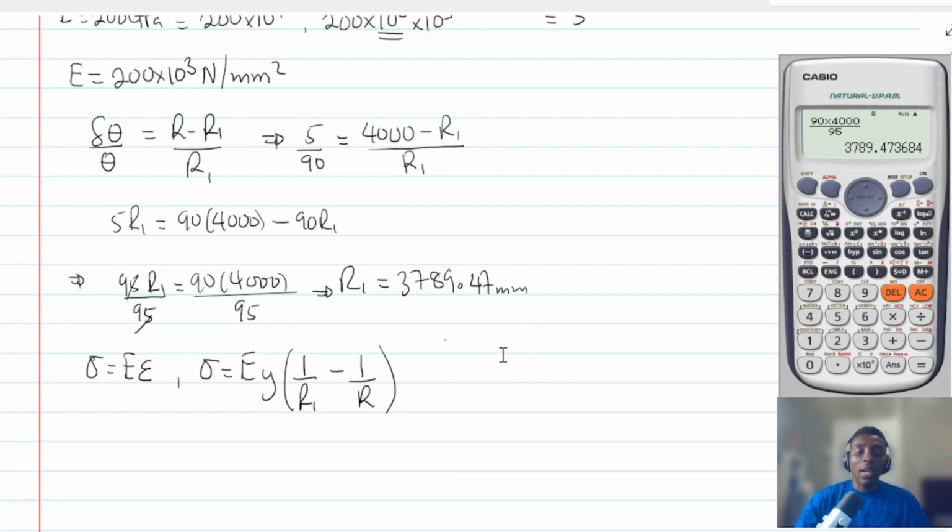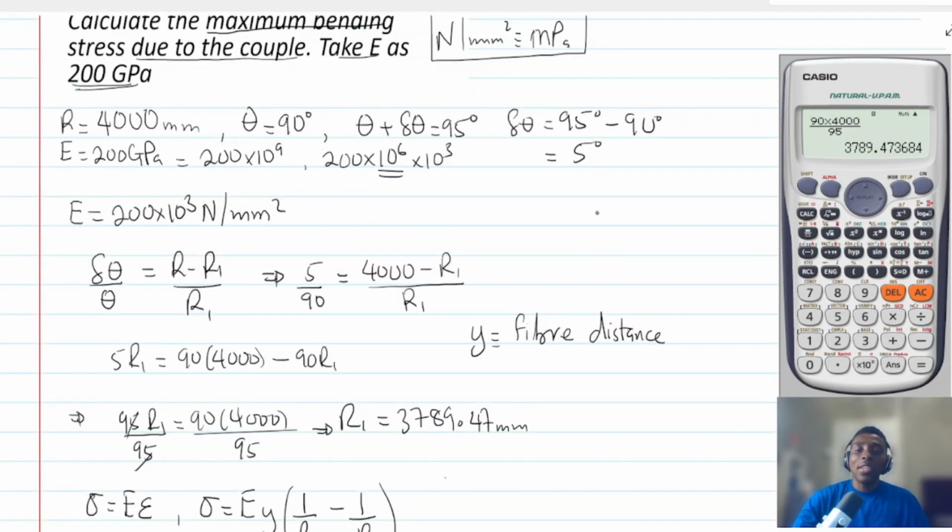So up to this point, we have everything, but we don't have the y. It is important to know that the y is what we call the fiber distance. So let me quickly explain the fiber distance. Let's say you have a cross section like this. Let's say you have an arc like this. This arc is a circular cross section.